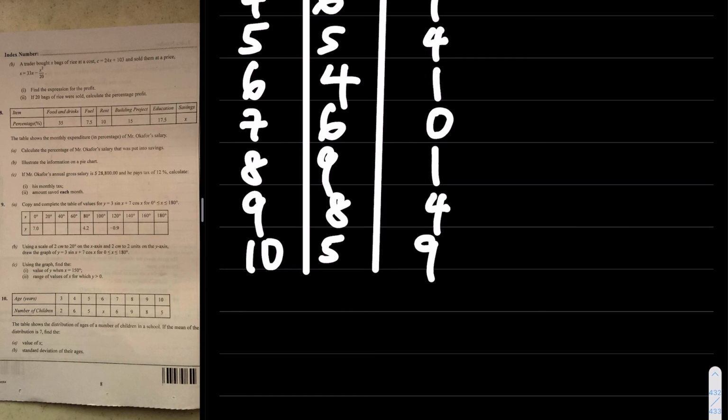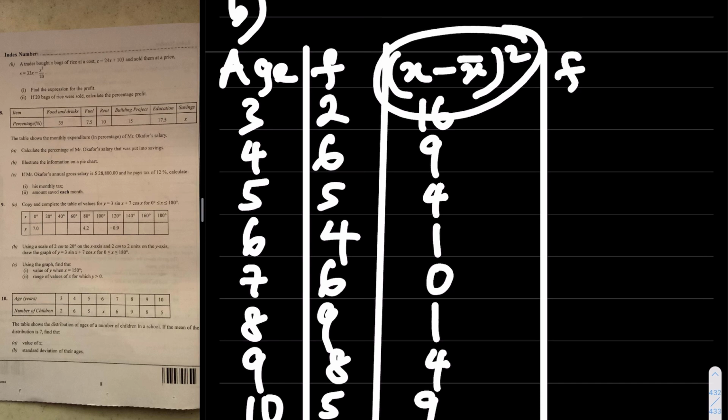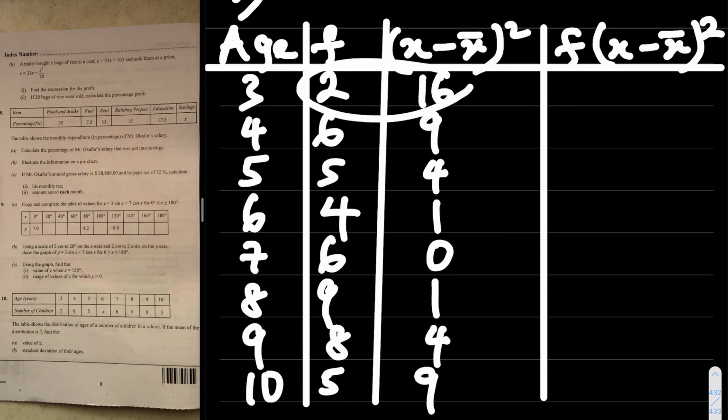Now I also need a column for frequency times the square of x minus mean. f into x minus x bar all squared. That simply means 2 times 16, which is 32.